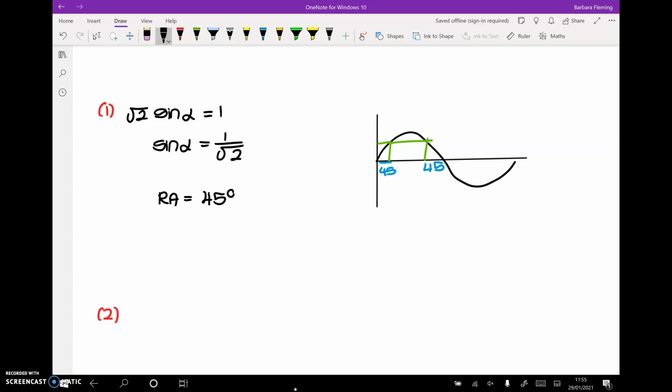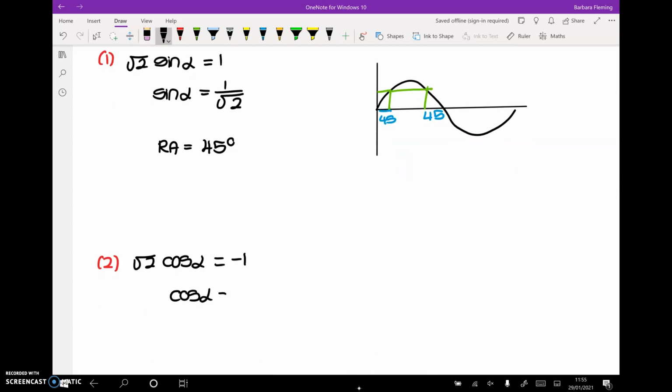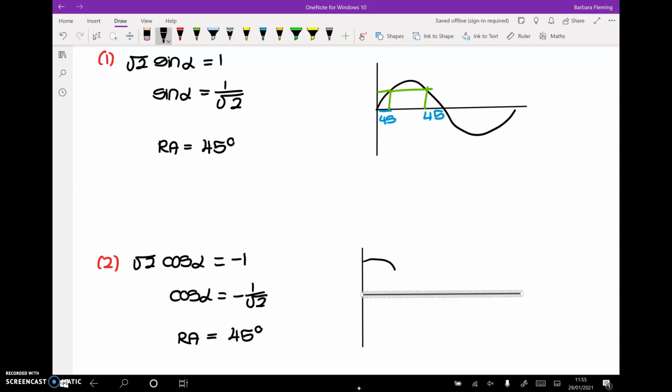Then our second equation: root 2 cos alpha equals minus 1, so cos alpha equals minus 1 over root 2. Your related acute angle, dropping that negative, is going to be 45 degrees as well. Drawing your cos graph, again it just needs to be a sketch. It's negative, so it's this answer here and this answer here.